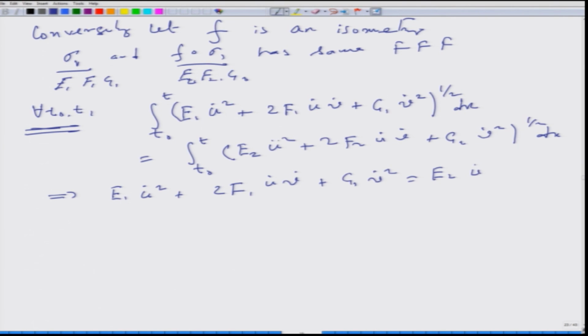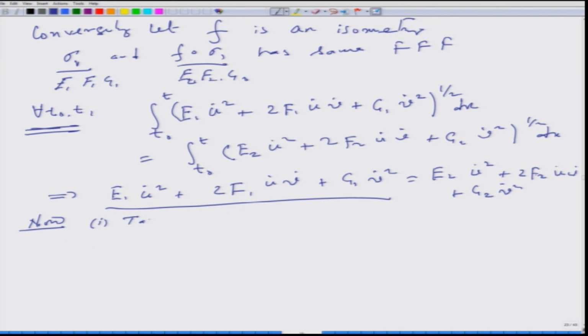Here I should have written u tilde actually, okay: E u dot square plus 2 F u dot v dot plus G v dot square. But what I have to show is E1 equal to E2, F1 equal to F2, G1 equal to G2. This alone does not give that the first fundamental forms are the same. Now I take special cases. Consider the curve u equal to u naught plus t minus t naught, and v equal to v naught.